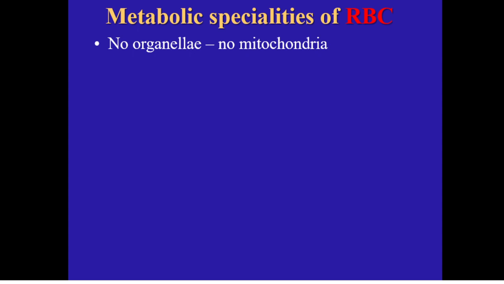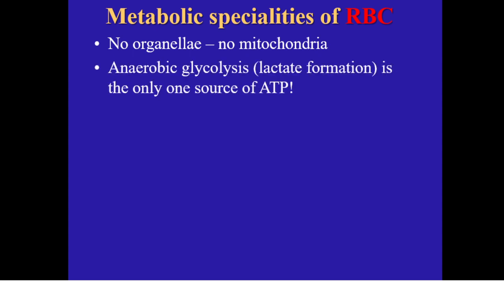From reticulocytes to mature erythrocytes, these cells lose their organelles, so they do not contain mitochondria. The energy for erythrocytes is supplied only by anaerobic glycolysis, with lactate formation; it can be easily excreted to the plasma and then used for gluconeogenesis in the body.